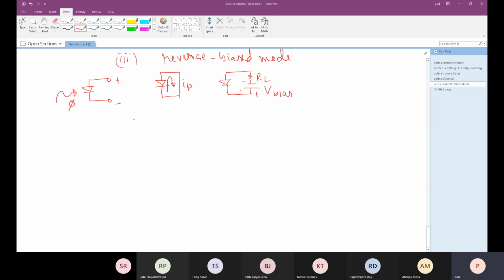So these are the three popular modes, and for measurement purpose, this reverse biased mode is most popular.